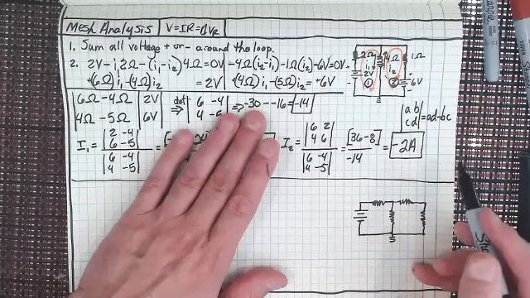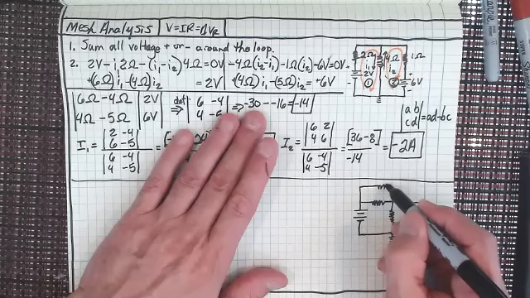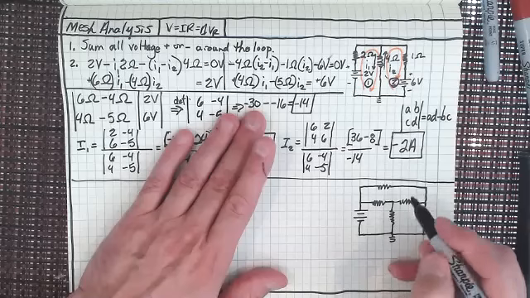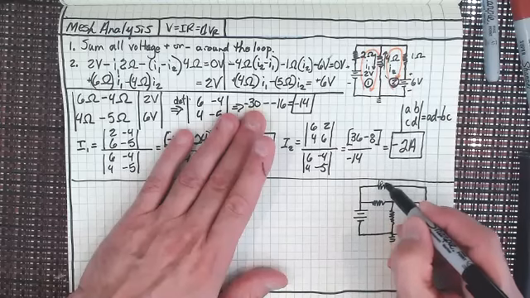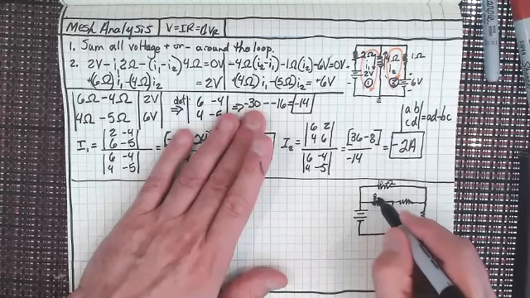Whereas the mesh analysis method is very straightforward as far as the solution goes. We just sum the voltages going around the individual circles. I want to give you some numbers. That's 10 ohms. This is 8 ohms.